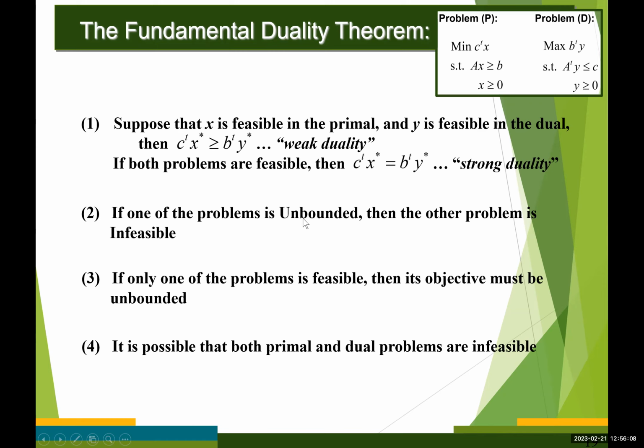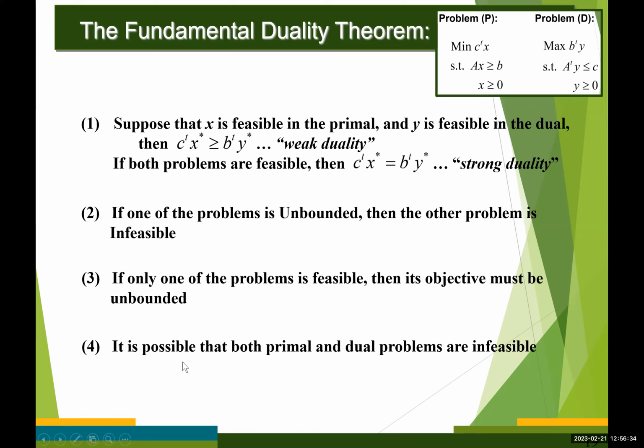Then the other side of the problem in the symmetric primal dual pair has no feasible solution, okay? And the third case, it is true that if only one of the problems is feasible, then its objective must be unbounded over the feasible region.